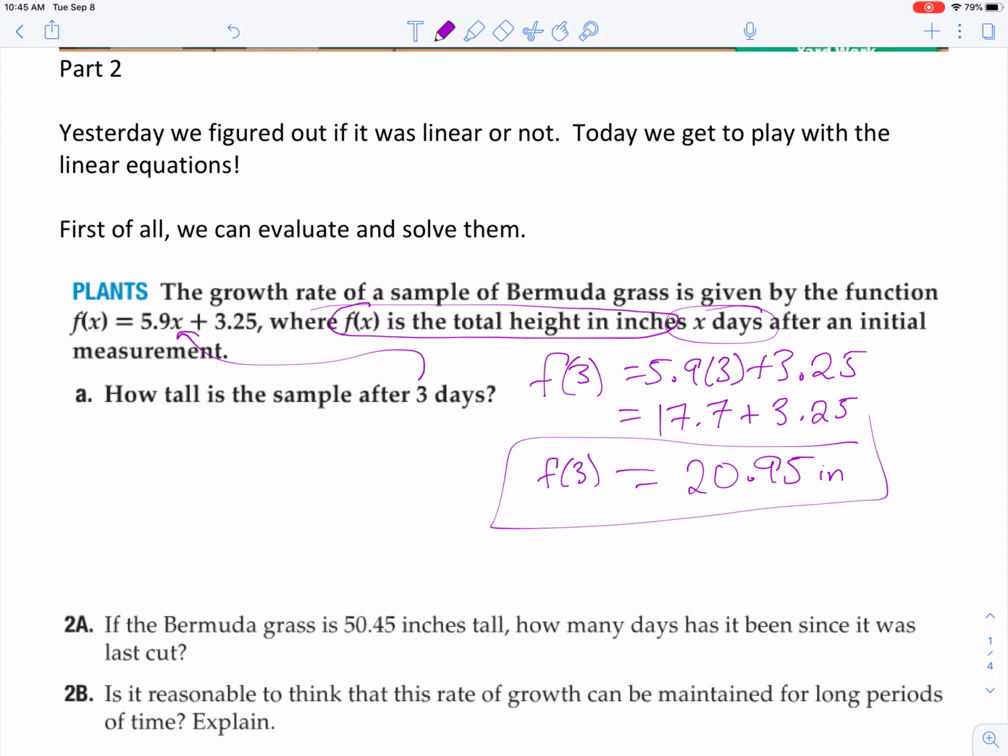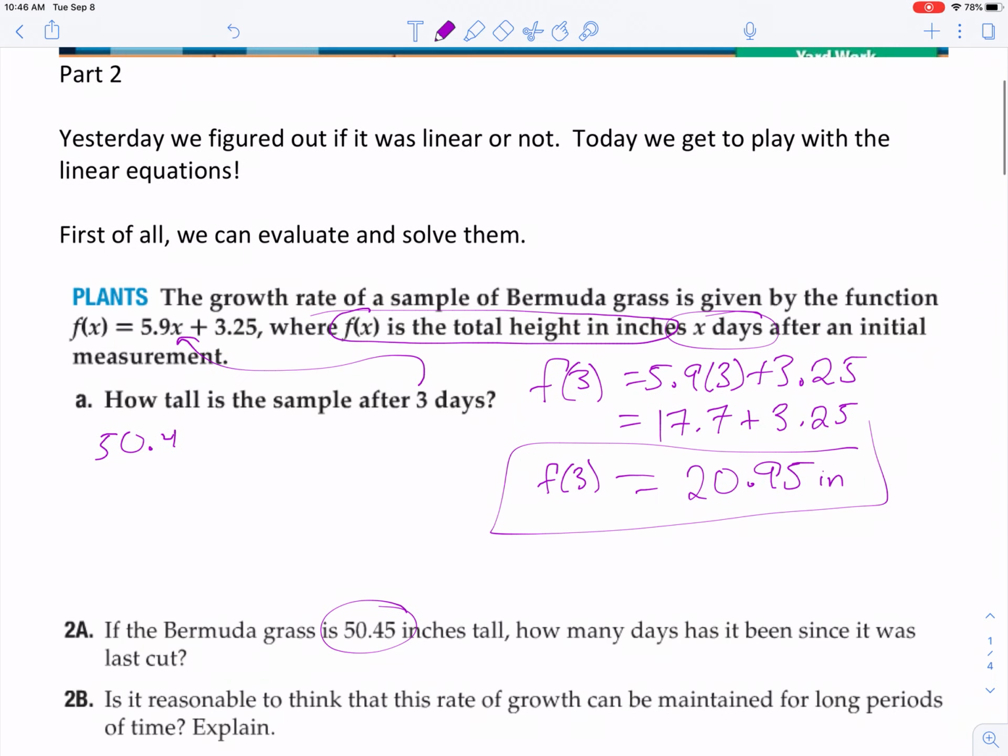Okay. If the Bermuda grass is 50.45 inches tall, how many days has it been since it was last cut? Inches is like the y, it's the answer, right? So that means this time I'm going to be plugging it in on the left. 50.45 equals 5.9 times x plus 3.25. And now solve for that. So the first thing I'll do is I'll get rid of the 3.25.